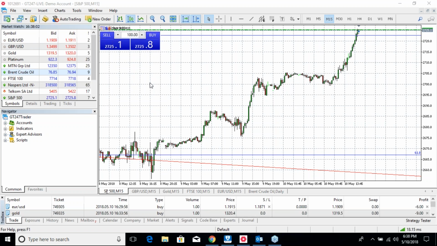Tamsang, I would not advise you to buy and hold on GT247, a stock. Okay, Neil, I'll go back to that. So on our platform, it is not possible to hedge.